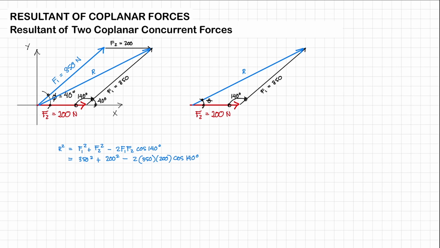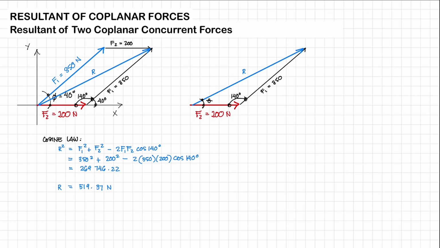And that is going to be equal to 269,746.22. And for our R, we're just going to square root that. It would be equal to 519.37 newtons. Right? So we have our resultant. So let's write this is using cosine law.